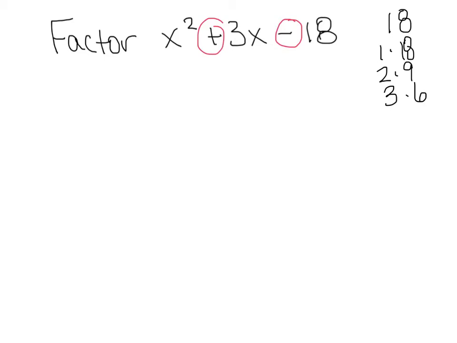Okay, now this time I have a negative and a positive. So I know that a negative times a positive would give me a negative. With the middle term being positive, this tells you that the larger factor, or the absolute value of the larger factor, is positive.